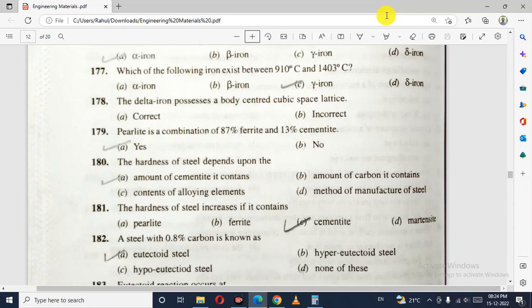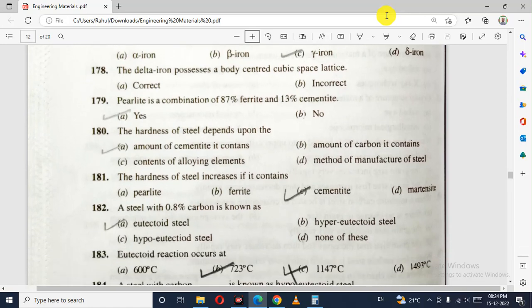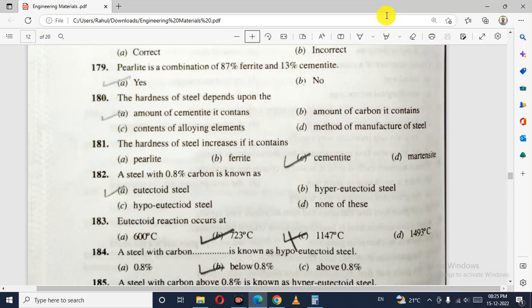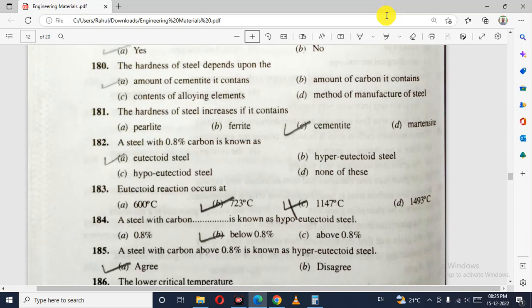Steel with 0.8% carbon is known as eutectoid steel. The eutectoid reaction occurs at 723 degrees Celsius. A steel with carbon below 0.8% is hypoeutectoid steel. A steel with carbon above 0.8% is hypereutectoid steel.